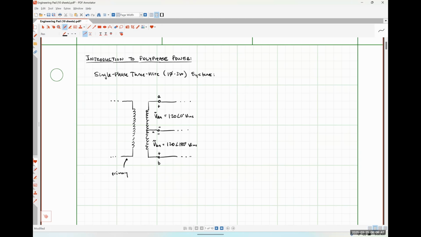And if I wanted to know this voltage here measured between the A terminal and the B terminal of my single-phase three-wire system, what do you guys think that would be? So realistically, we could just perform Kirchhoff's voltage law around this loop and figure it out, right?